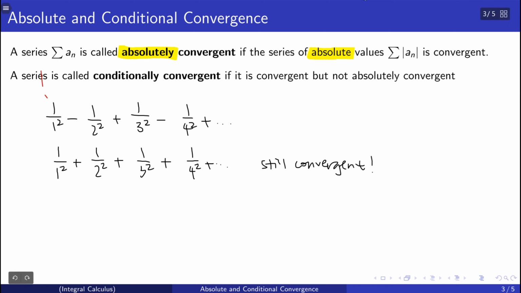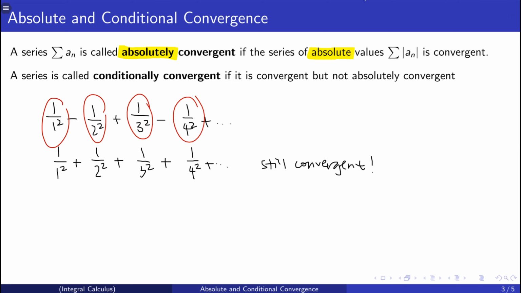You only have to look at whether your terms without the signs are decreasing and approaching 0. And the reason for that is that partial sums are going to alternate around your limit. So this is your limit. The partial sums are going up and down and up and down.